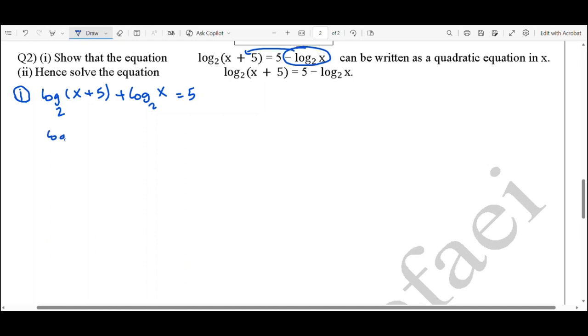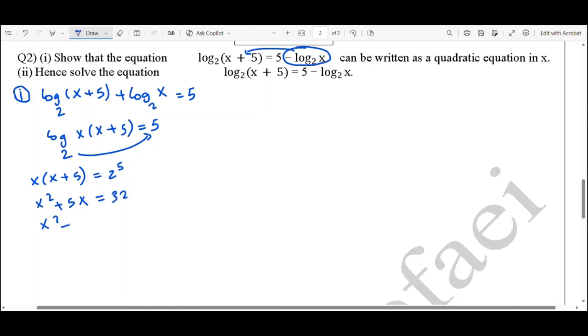Combining addition is multiplication: x by x plus 5 to the base 2 equals 5. So x by x plus 5 equals 2 to the power 5. X squared plus 5x equals 32. X squared plus 5x minus 32 equals 0.